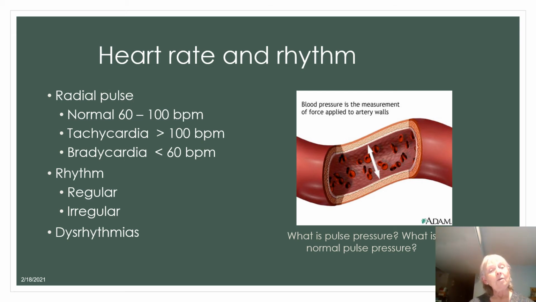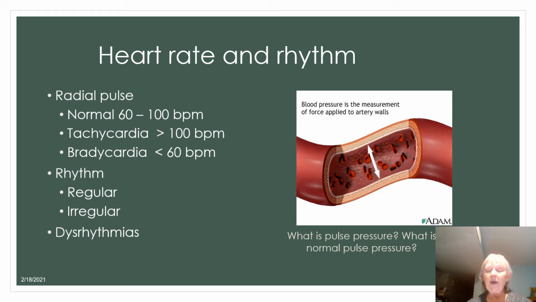Is the rhythm regular? Are you sitting there and you count 1 and 2 and 3 and 4 and 5? Or is it one of these where there's like a little one behind it. Oh, there's 3, 4, and 5 because they're together. So, is there a dysrhythmia going on at this particular point? Pulse pressure, I know you guys remember that, the difference between systolic and diastolic. Normal pulse pressure, somewhere around 35 to 40.